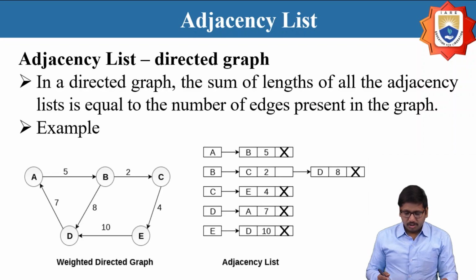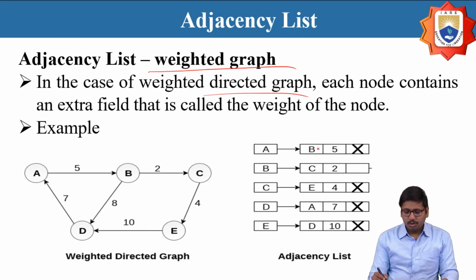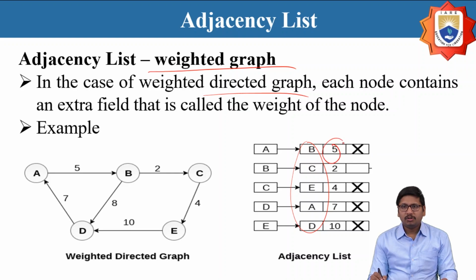Similarly, in the case of a directed graph, it is also the same. Based on the directed edges, I represent the adjacency list. And adjacency list in the case of a weighted graph means I represent the adjacency nodes, but along with the link, I maintain one more field for the weight of that edge.